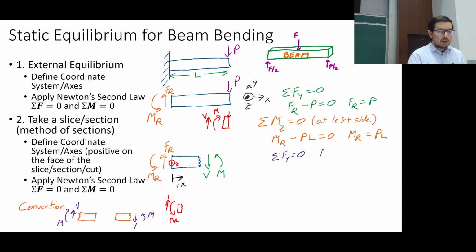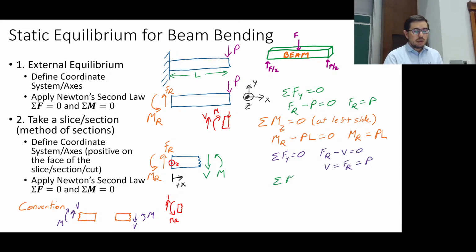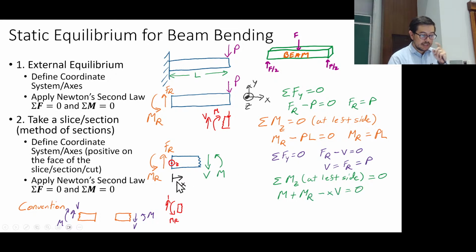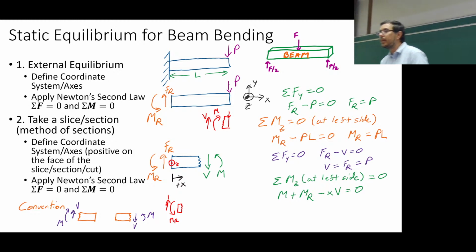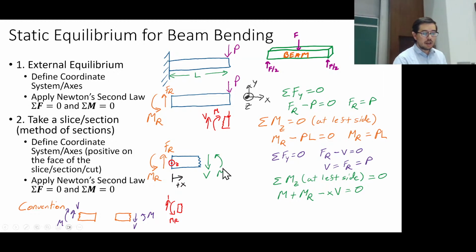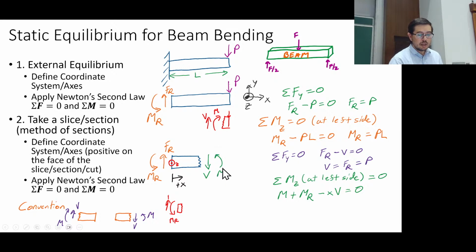All right, so once again, with the moments, we had to make sure that we pick a location. And if we pick the location as being at the left side, that's often convenient. This is a little bit trickier, and I'm going fast, but you did this in statics a gazillion times. So I have an M, and I have now a moment from the V, and that is going to be twisting it in a negative direction.